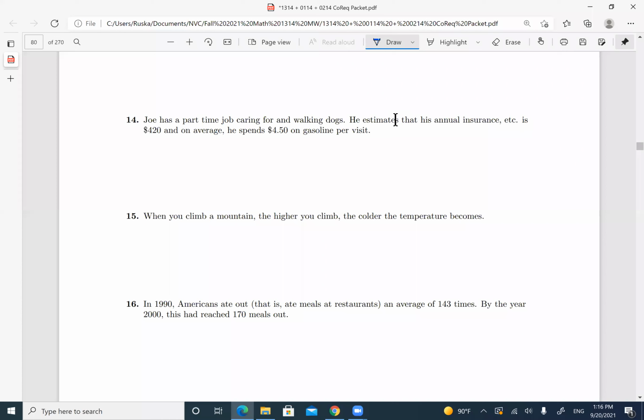Any ideas here? Independent is X. So what is independent? I guess the $4.50 per visit, right? Mm-hmm. Number of visits, yes. The $4.50 is the rate per visit.